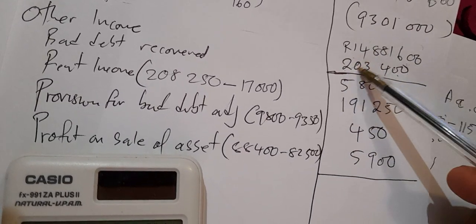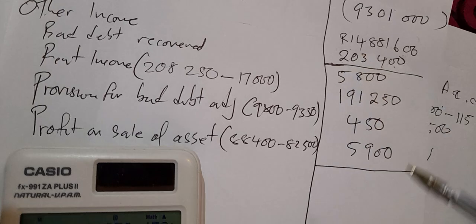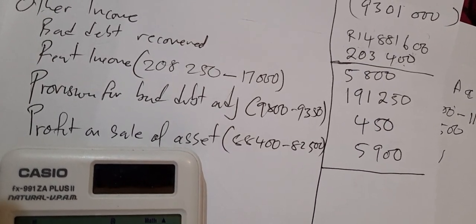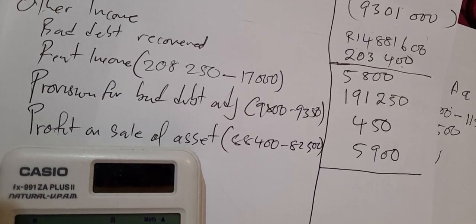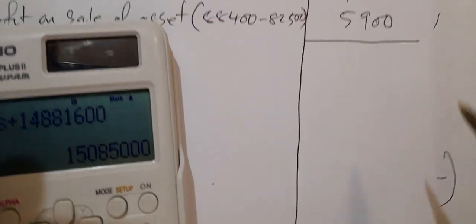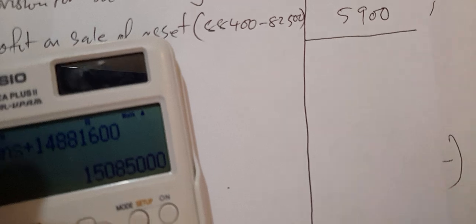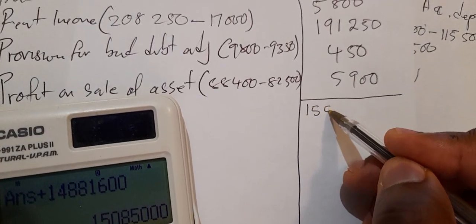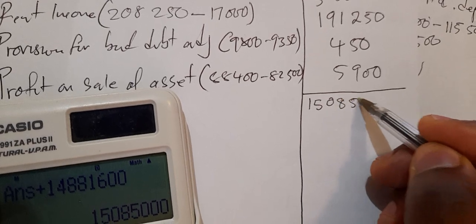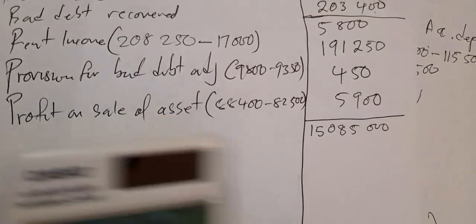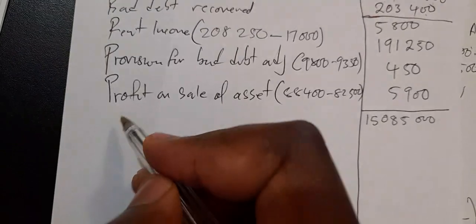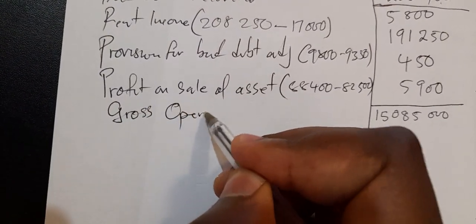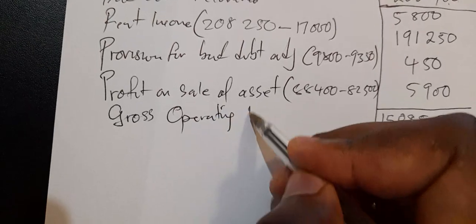So we need to total these two so we can get our gross operating income: 203,400 plus 14,881,600. That will give us a total amount of 15,085,000. All right, so this is our gross operating income.